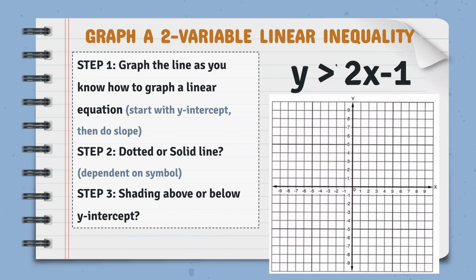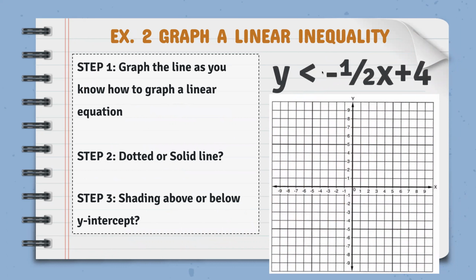Let's go ahead and try the next example. y is less than negative a half x plus 4. The first step is to graph this as we know how to graph a linear equation. So I start at 4 on my y-axis. My slope is negative a half.